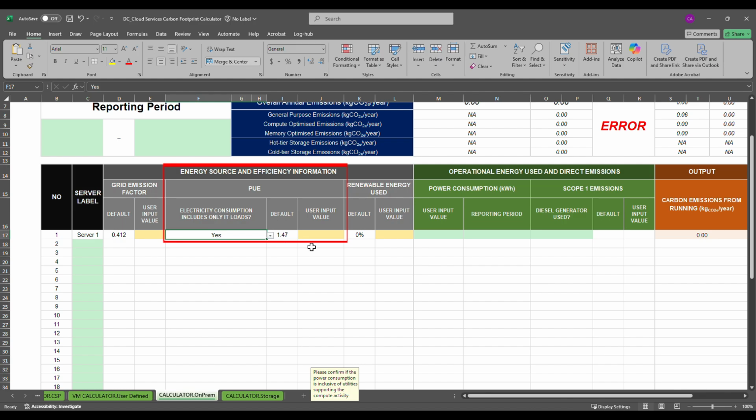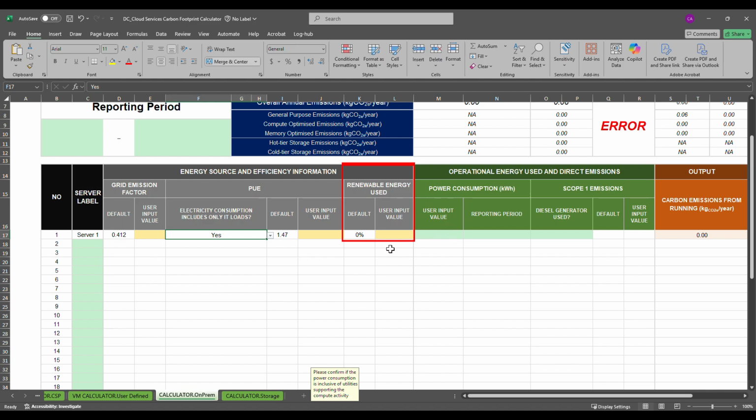If your answer is yes, meaning the power consumption refers only to IT loads, then the data center's PUE will be required as an input. The default value provided is Singapore's national average PUE of 1.47. However, for a more accurate emissions calculation, it is recommended that you use your actual PUE and input it under the user-defined column.